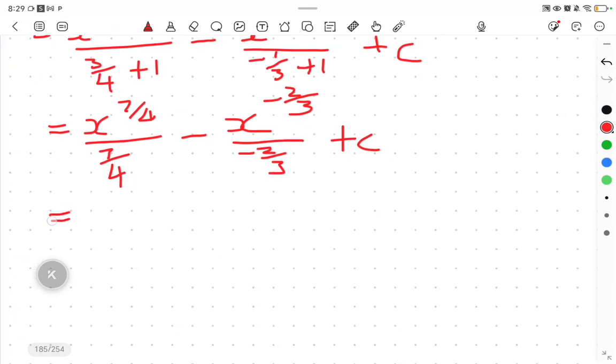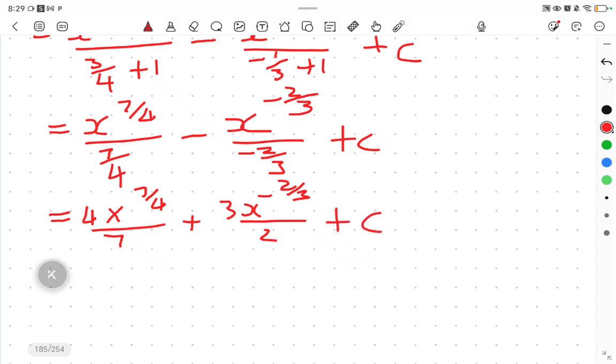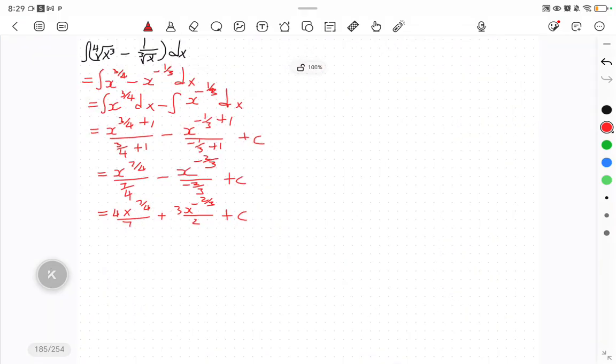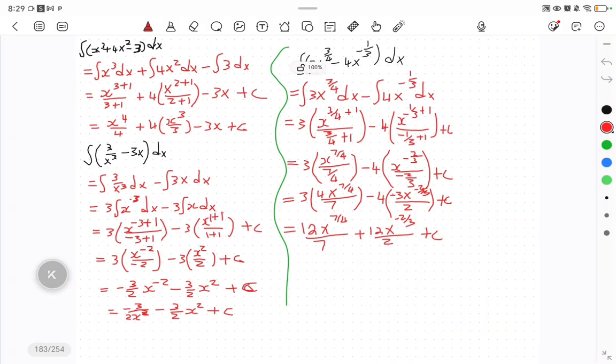And this would be 4x to the 7 over 4 over 7 plus this will be 3x to the minus 2 over 3 over 2 plus c. See, right? Then that will be the solution. Now, if I want, I can take this x to the denominator because there is a minus on the exponent. So I could take that to the denominator.